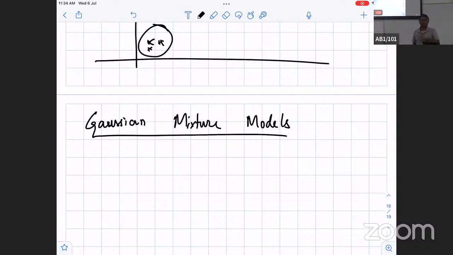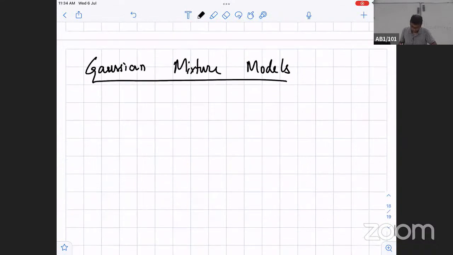How many of you are familiar with Gaussians? Can you raise your hands? Okay, only a few. It's like this. Look at a particular population, let's say males in India, and measure their heights.